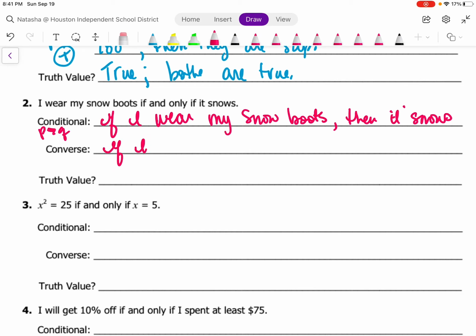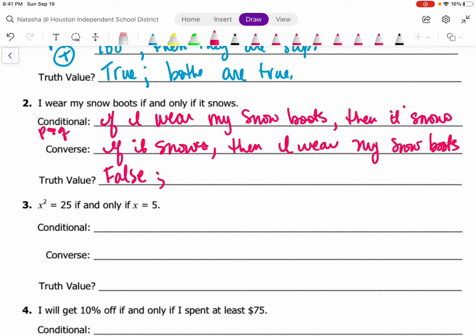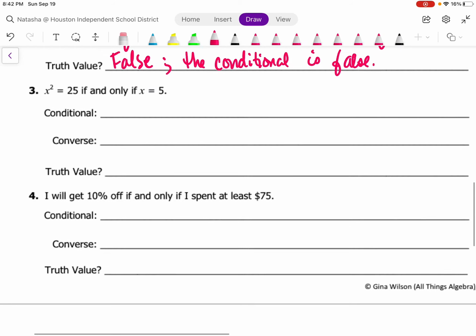Converse, remember, conditional is P then Q, so the converse is: if it snows, then I wear my snow boots. The truth value is false. The conditional is false, because if you're wearing your snow boots, it might not snow. So you can't really say that.